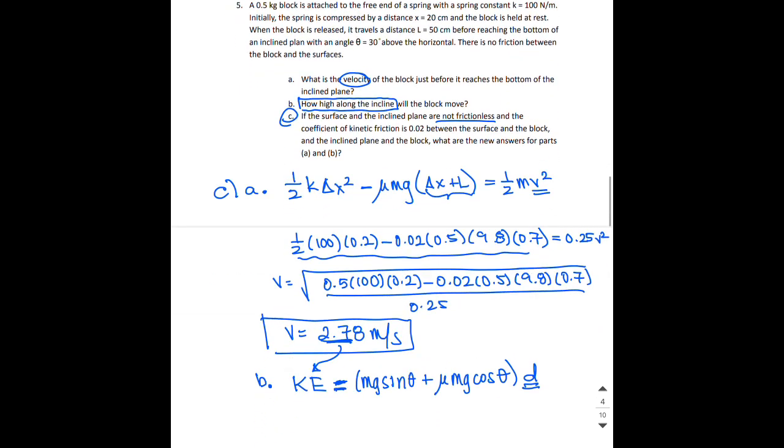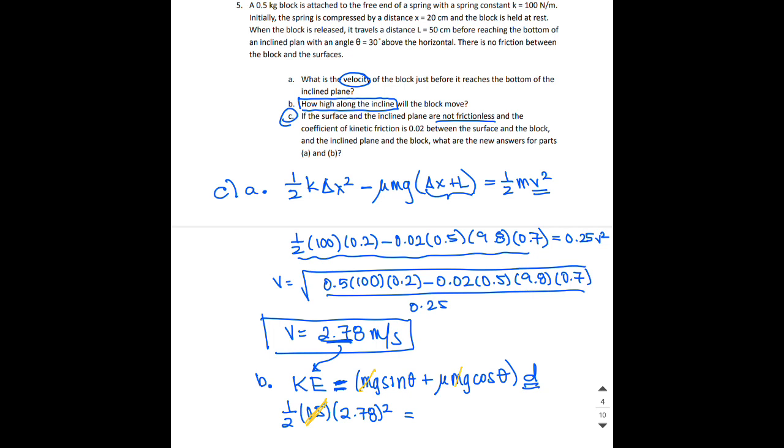So I'm going to plug in my values. My kinetic energy is 1/2 mv squared, so 0.5 times 2.78 squared is equal to, and actually I don't even want to do that because I realize now my masses can cancel out.